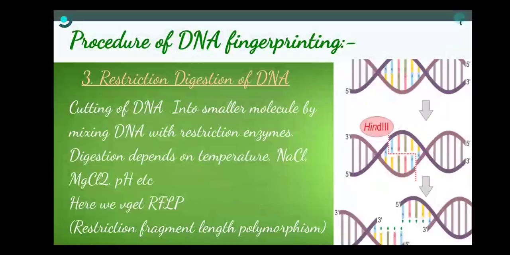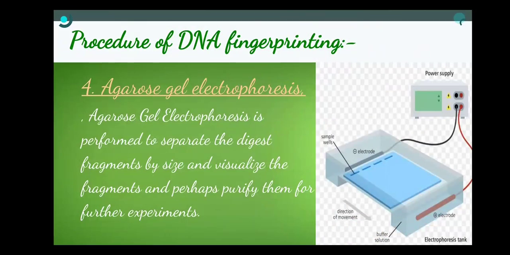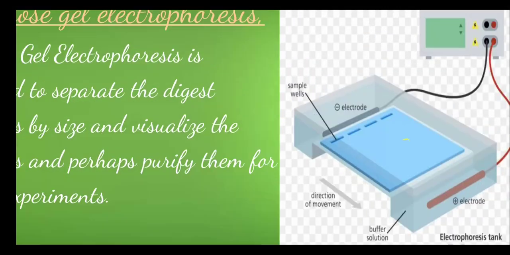After getting the RFLP, we go for agarose gel electrophoresis. In agarose gel electrophoresis, we separate the digested fragments by their size, for the visualization of the bands. As we can see in the picture, it is a gel electrophoresis device.